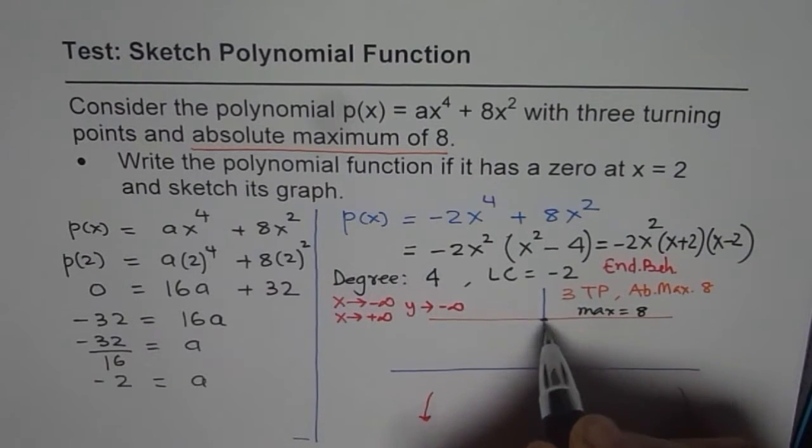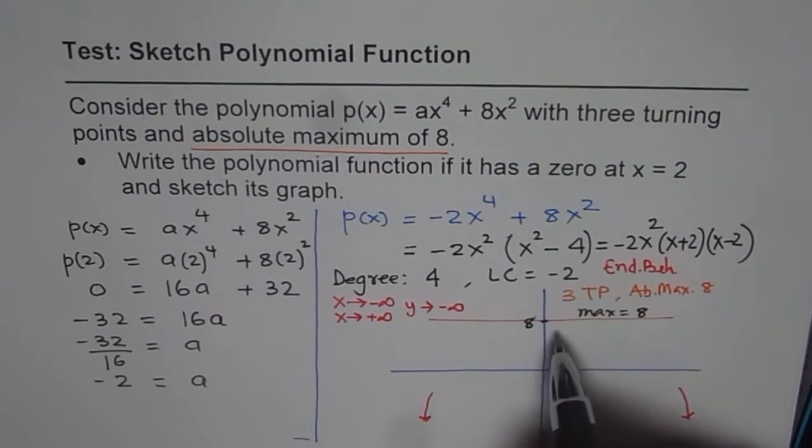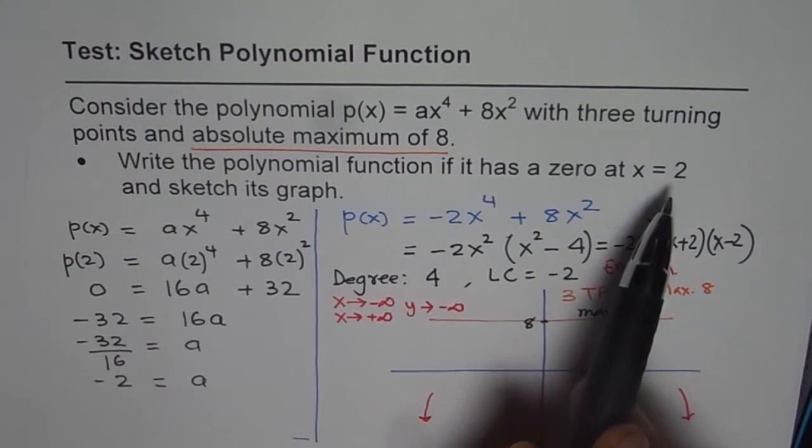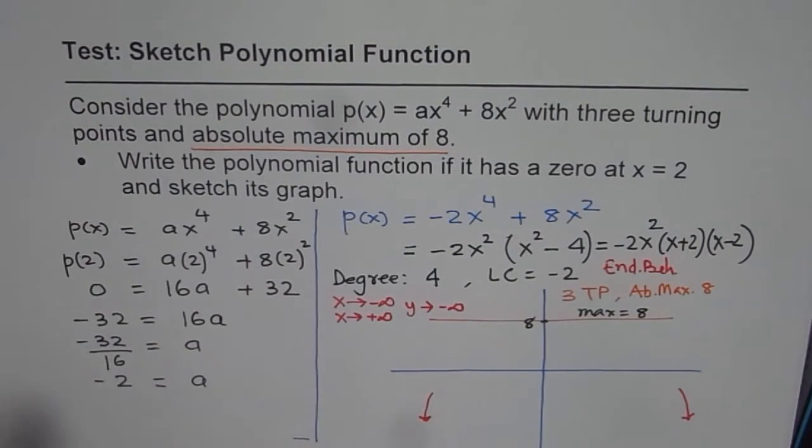So this point is 8 for us. Our graph has to touch this point, correct? Write the polynomial function if it has a 0 at x equals 2. That helped us to find the value of a and then sketch it. So reading the question once again helps you to get it absolutely correct, right? 3 turning points and absolute maximum 8, all these zeros.